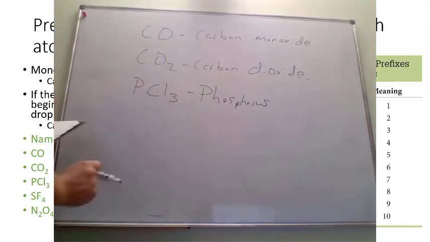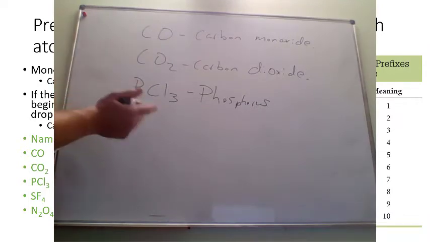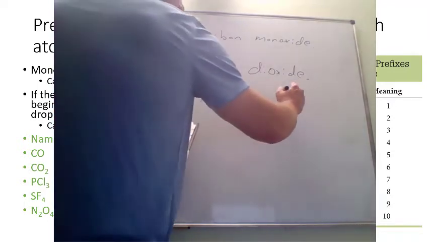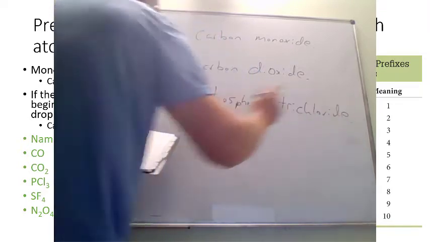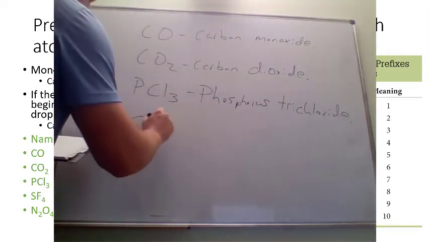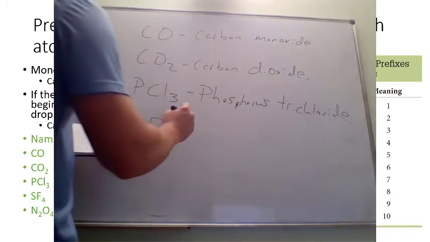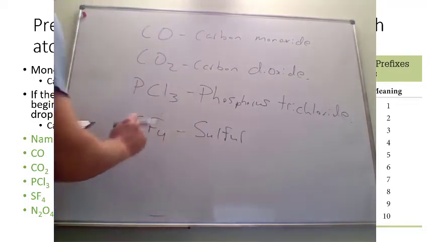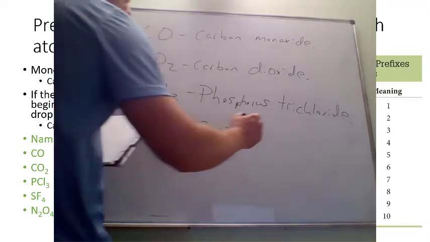And then there's three chlorines, so we drop the INE ending, make it an ide, and the three gives us tri, so phosphorus trichloride. Next one, SF4, is going to be one sulfur, so we just write that as sulfur. And then there's 4 fluorines, so that gets us tetrafluoride.